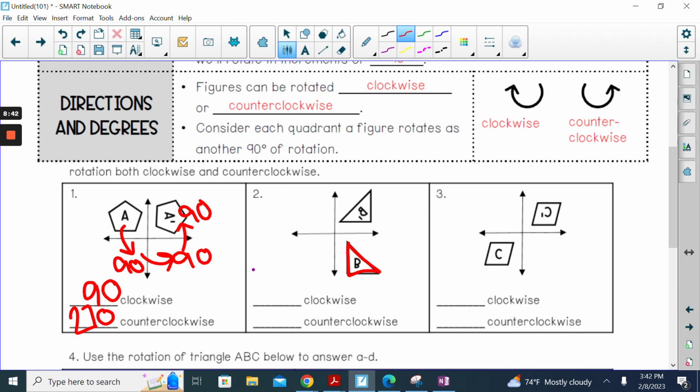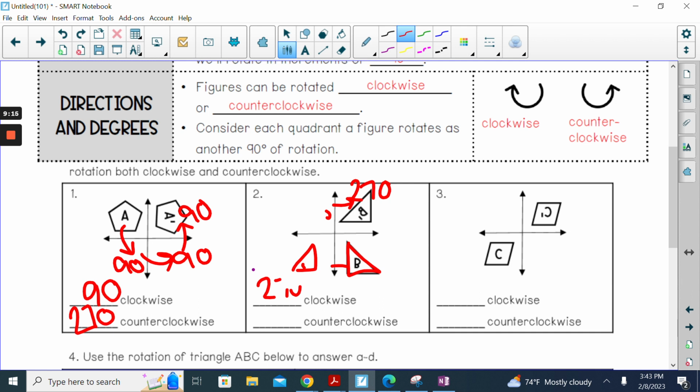So if I wanted to go, let's go clockwise because clockwise is first. We're going to go this way. Again, each quadrant, 90 degrees. Another 90 degrees makes 180. And another final 90 degrees. We have gone 270 degrees clockwise. And if you spun it as you went, it would look something like that.